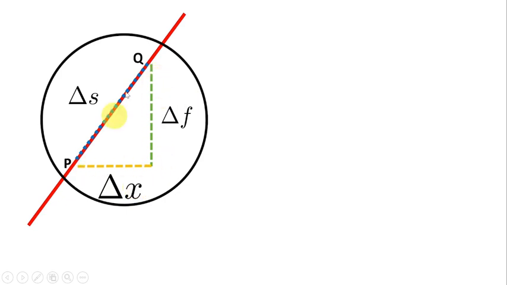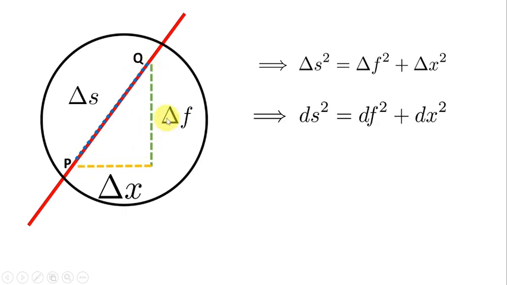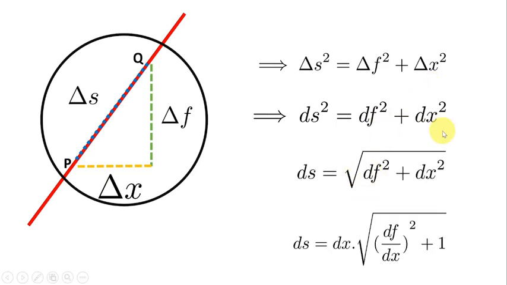from the Pythagoras theorem, we see that delta S squared is equal to delta F squared plus delta X squared, which is a very famous equation. In the limit delta tending to 0, this works out to ds squared equals df squared plus dx squared, which gives rise to this particular equation.